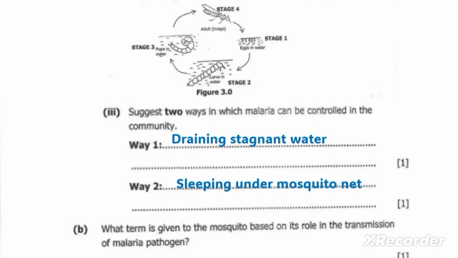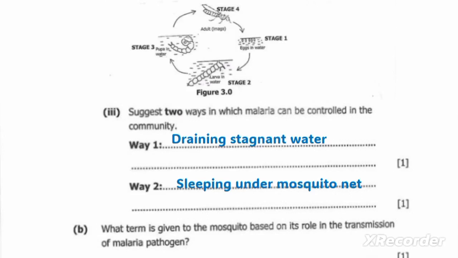A biological vector carries its pathogen inside the body, while a mechanical vector carries the pathogen on the surface of its body. For example, a mosquito is an example of a biological vector, because it carries the pathogen, the plasmodium, inside the body.